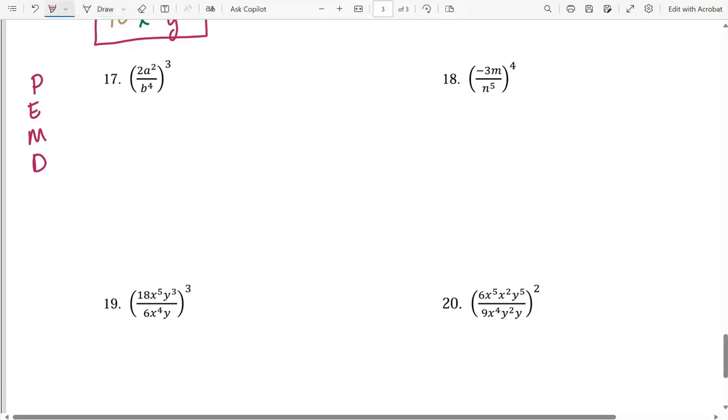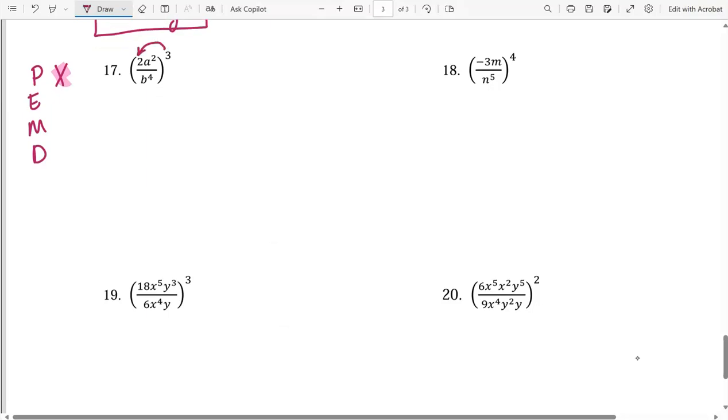Is there anything inside of the parentheses that I could combine? The answer for this one is no, because they're all with separate bases. So the next thing I'm going to take care of is any outside exponent. I'm going to distribute it in to each of the different bases.